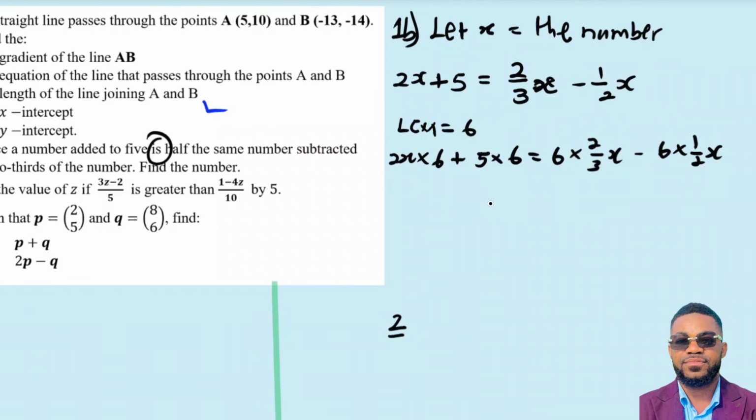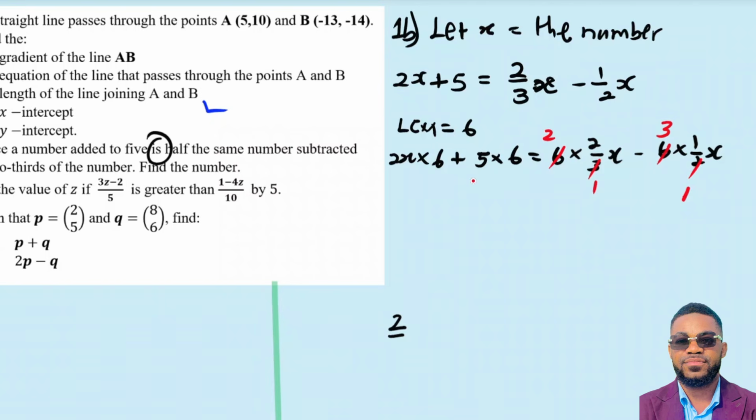At this point, we can do cancellations and also simplify. 3 goes into 6 two times, and 2 goes into 6 three times.